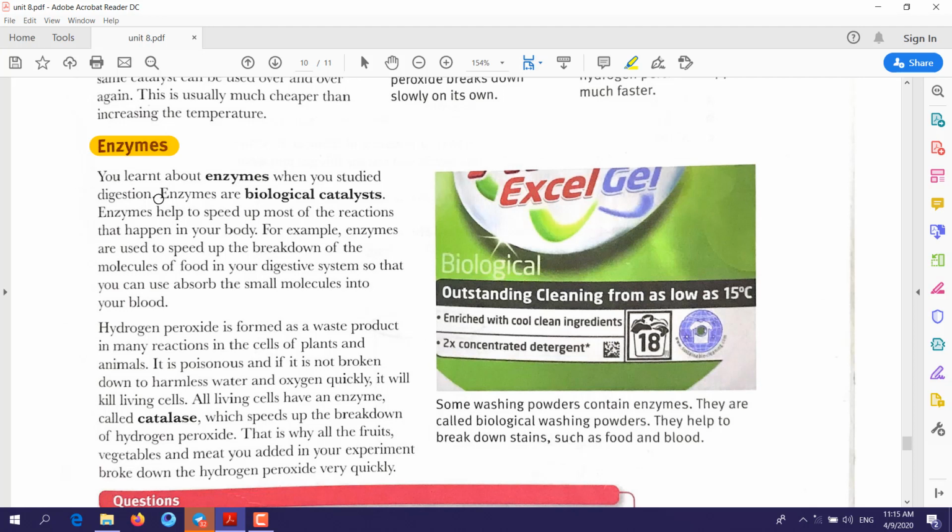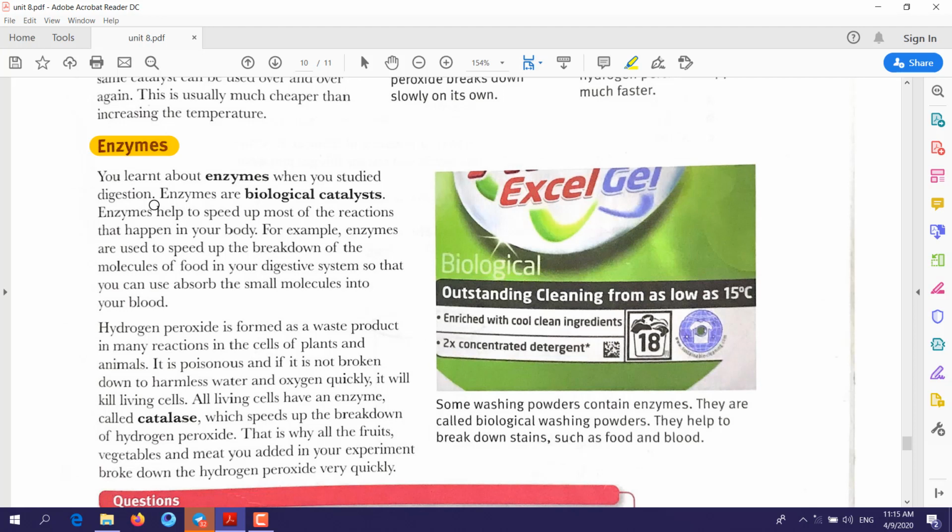When you eat food and it goes to your digestive system, your digestive system will break down the food into simpler substances. Breaking down food into simpler substances is a chemical reaction. This chemical reaction without enzymes will take a long time.